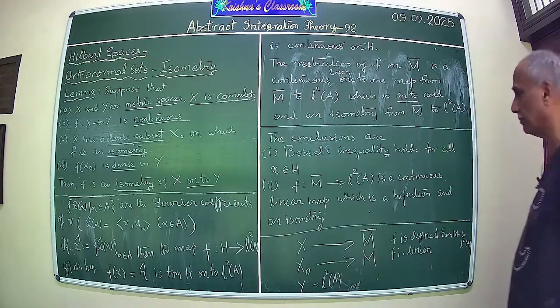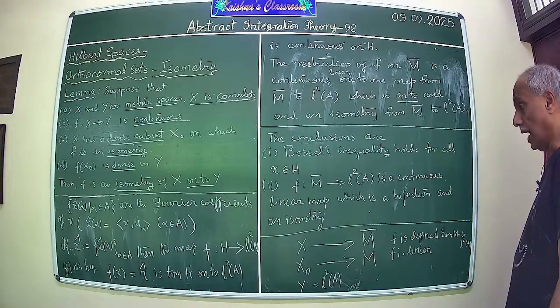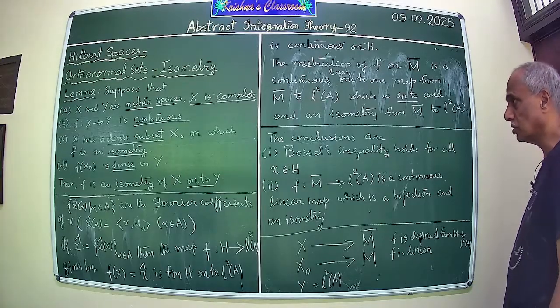The way in which we define it follows that it's linear. And also you can show that it's an isometry from M to L2(A).